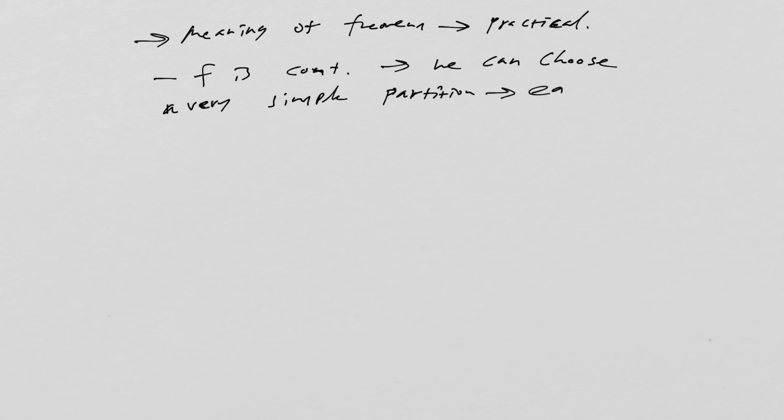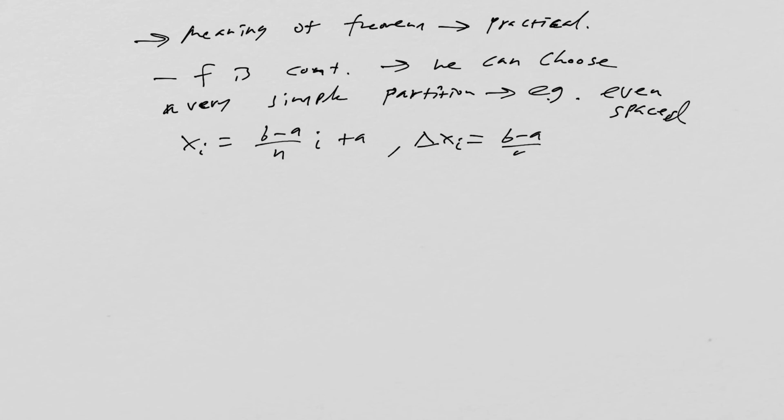For instance, we can choose the even-spaced one. xi equals b minus a over n times i plus a, and we're going to have delta xi simply be b minus a over n, and we can choose the left endpoint.